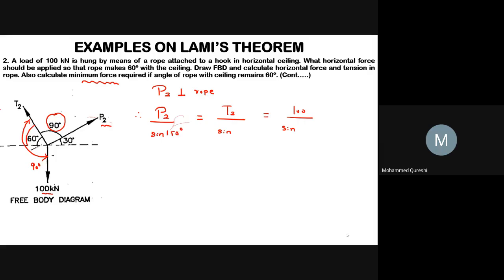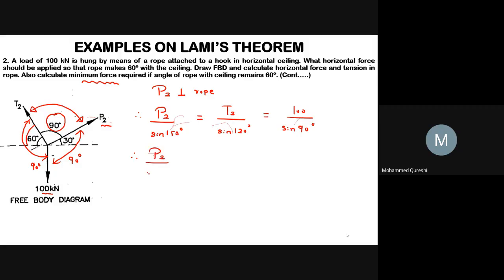Now for T2, the angle between the other two forces, this angle 90 and this will be your 30, so 90 plus 30 will be 120. And lastly for 100, the angle between the other two, this angle will be your 90 degree, so here sine 90.